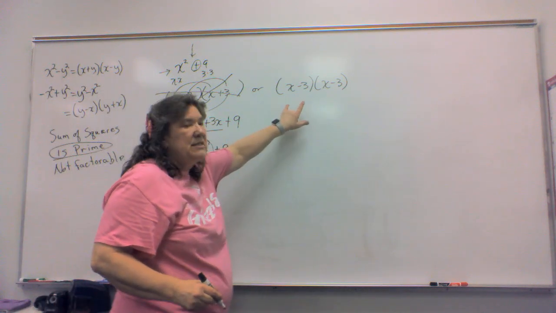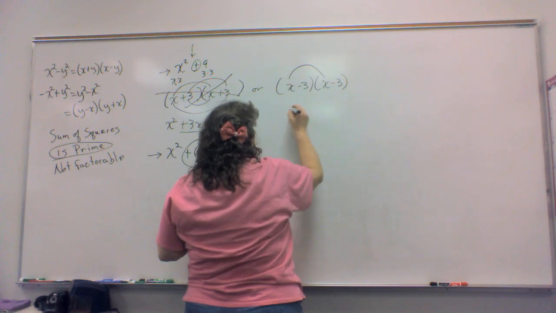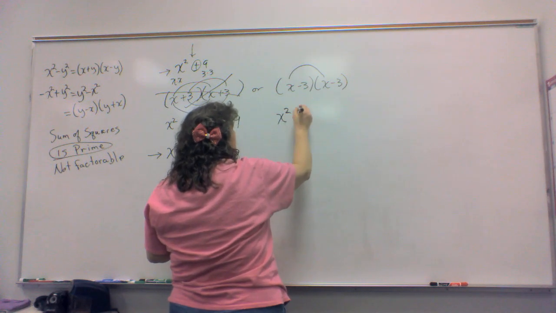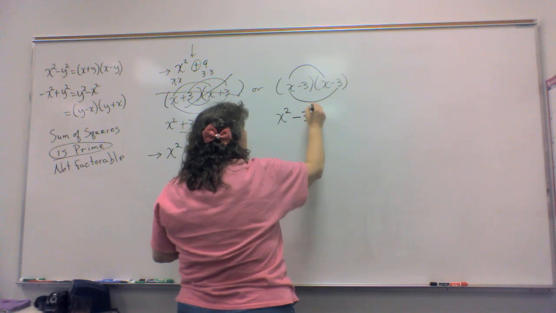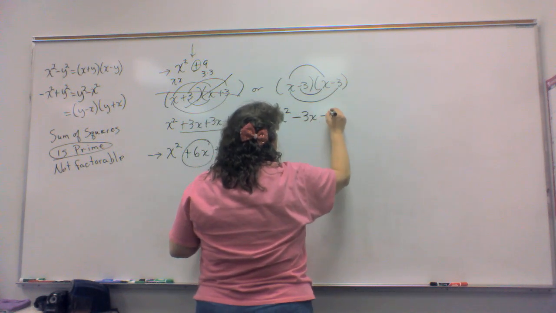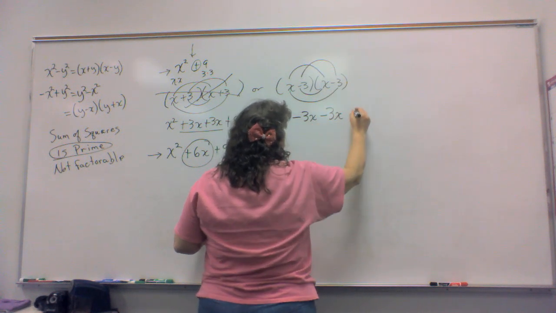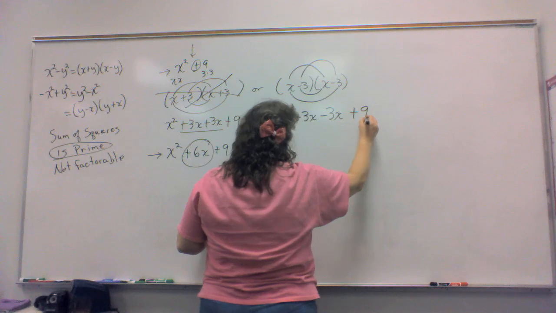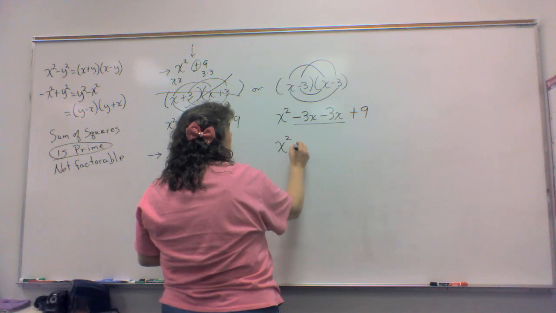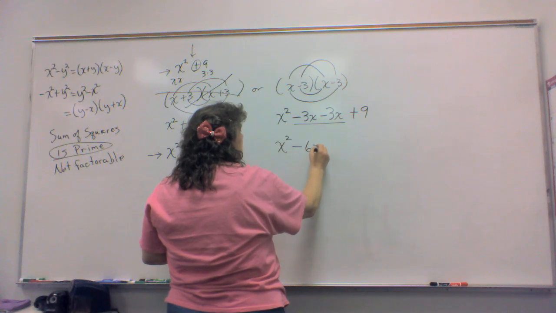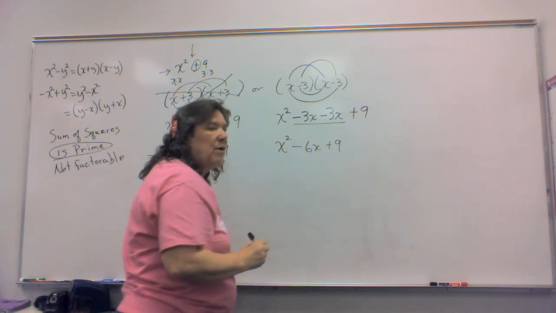And if we try this other one, what's going to happen? Again, let's check it. x times x is x squared. x times negative 3 is a negative 3x. Negative 3 times x is a negative 3x. And negative 3 times negative 3 is a plus 9. Again, combine your like terms: x squared minus 6x plus 9. Again, what is our problem?